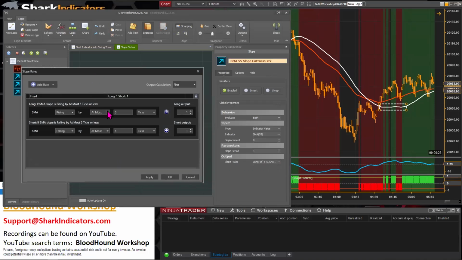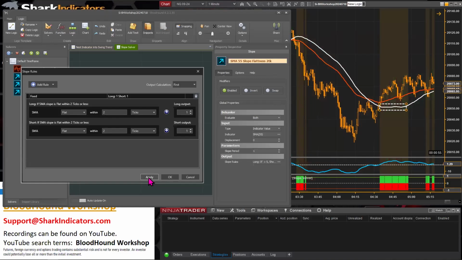Now this time, oops, sorry, wrong side, we're going to look for a certain amount of flatness. You can notice how the menu changes now. So let's put this on flat. We're looking for flatness within 2 ticks, so I'm going to start with 2 ticks, and we'll see what that looks like.